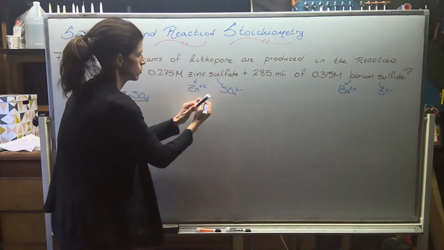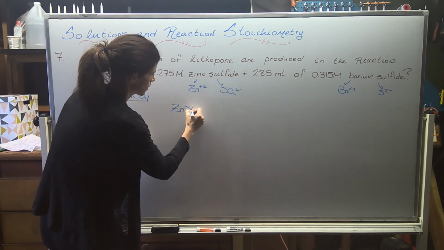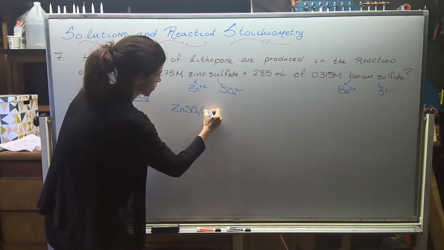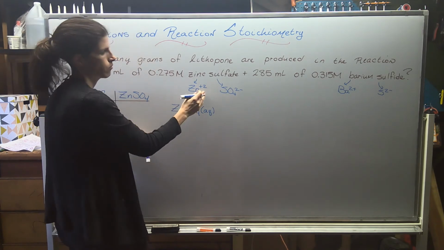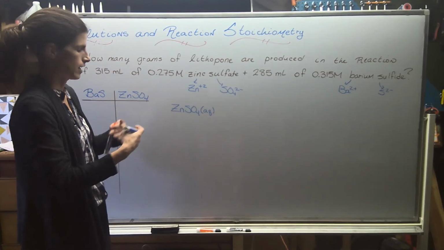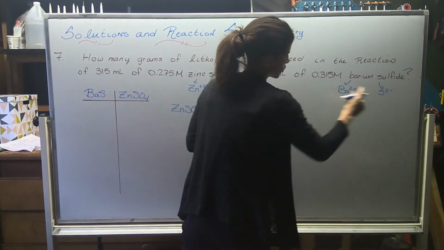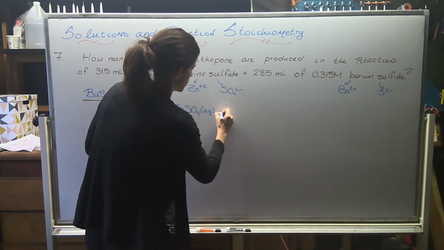So these two combined will be one reactant, zinc sulfate. They're going to combine in a 1-to-1 ratio because the +2 and the -2 are going to cancel each other out. Same thing over here. We got a +2 and a -2, so we're looking at a 1-to-1 ratio.